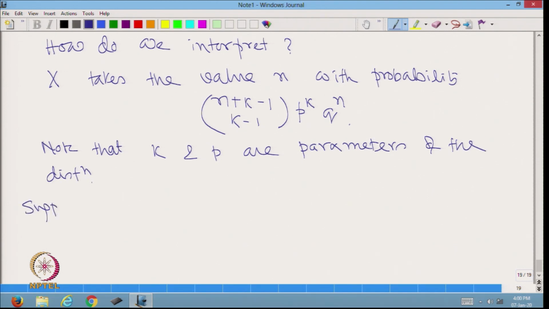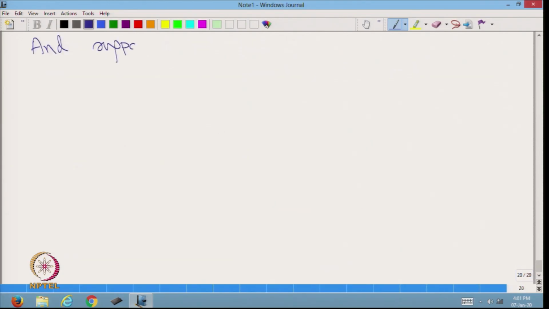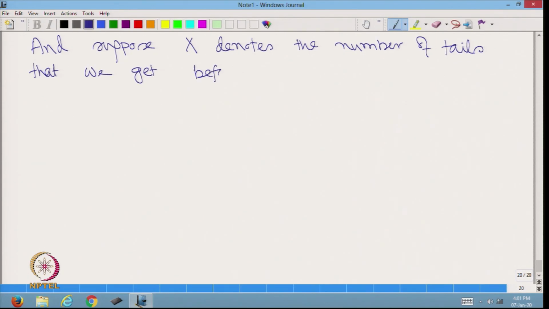So, suppose we have a coin with probability of getting head p, and suppose x denotes the number of failures or number of tails that we get before having k many heads.